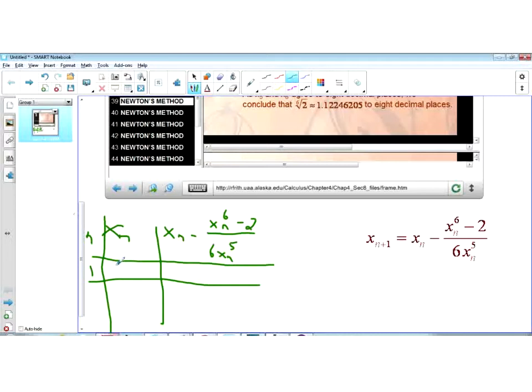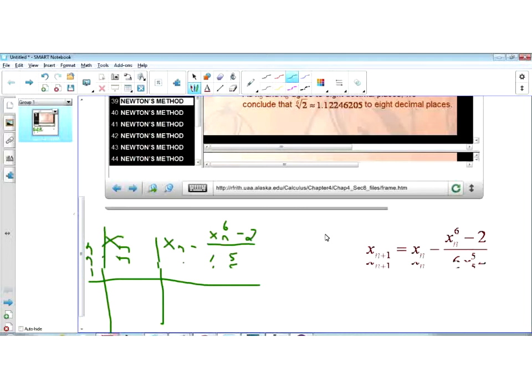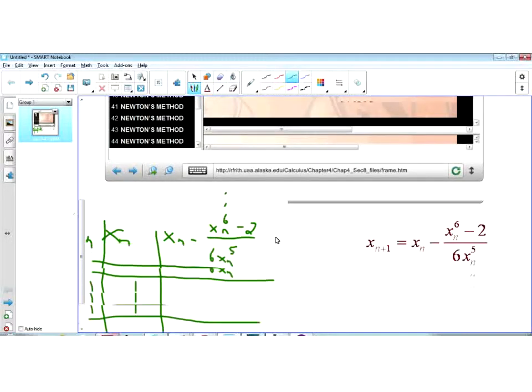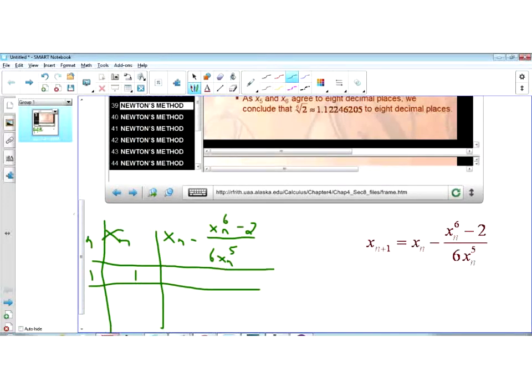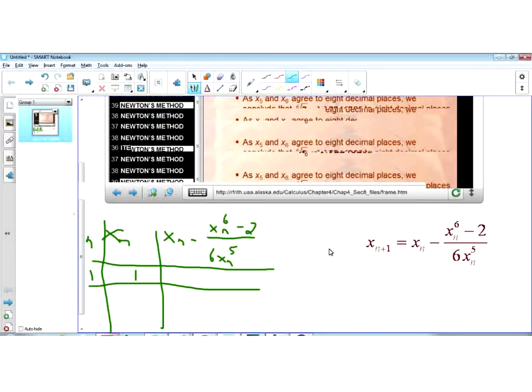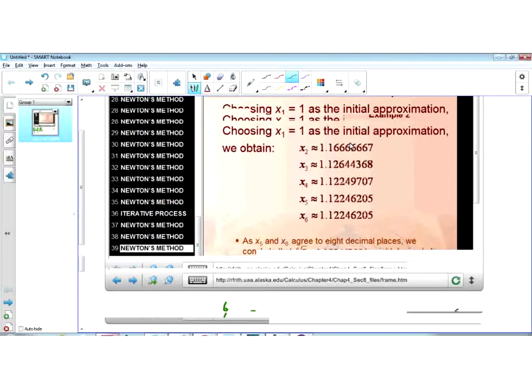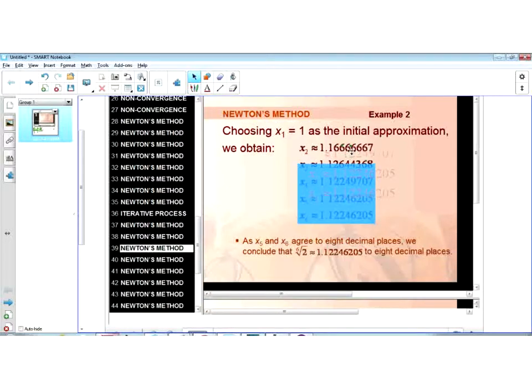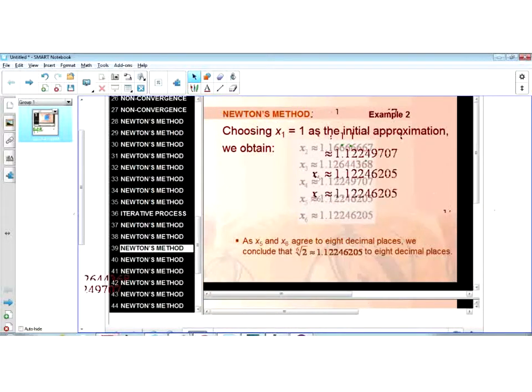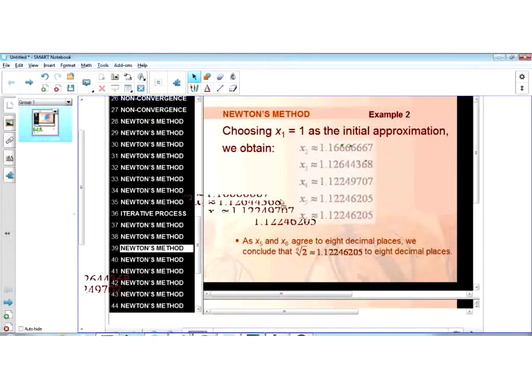So if n is 1, then x sub 1 we declared to be, what was it, 1? Okay, so they started out at 1. And then when you plug 1 into this formula, so n is equal to 1, x sub 1 minus (x sub 1 to the 6th minus 2) over 6 x sub 1 to the 5th, that came out to be this number right here.